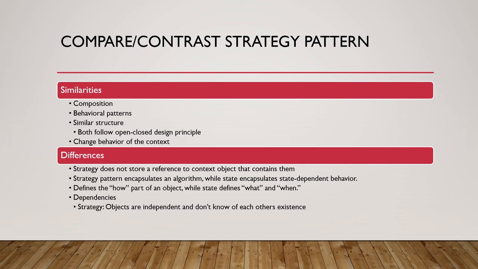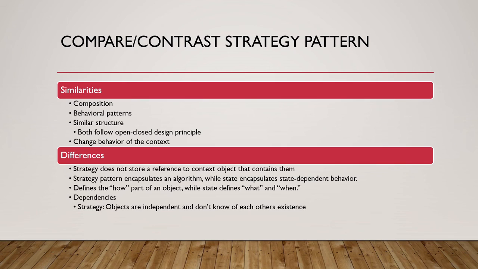So to look at the differences now, some of the main differences is that strategy encapsulates an algorithm, while the state encapsulates state-dependent behavior. When we say encapsulates an algorithm, we are saying it encapsulates how an object performs a task, or how an object will alter its behavior.